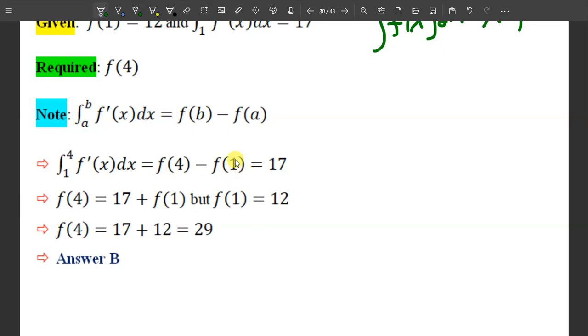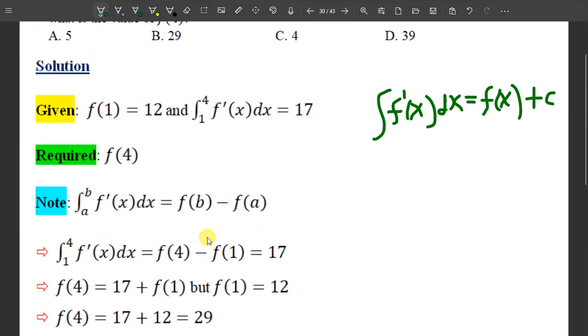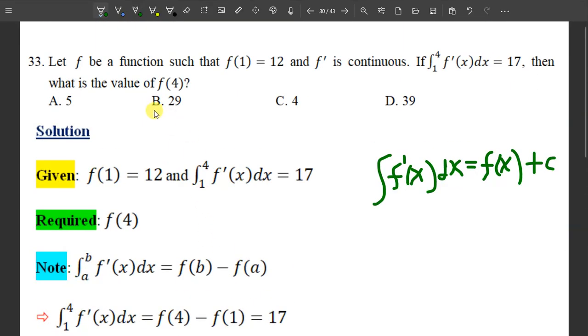Since f of 1 is given, move it to the right. It becomes 17 plus f of 1. But f of 1 is equal to 12, and therefore replace f of 1 by 12. Here f of 4 therefore is equal to 17 plus 12, which is equal to 29. That is the answer. Therefore, B is the correct answer.